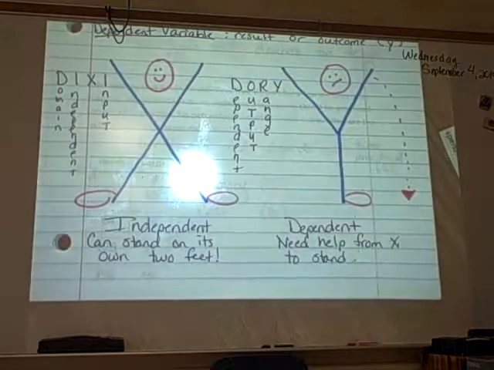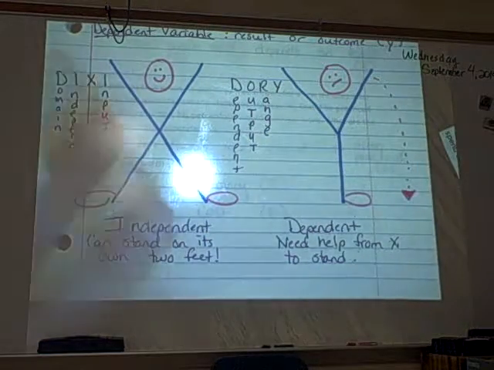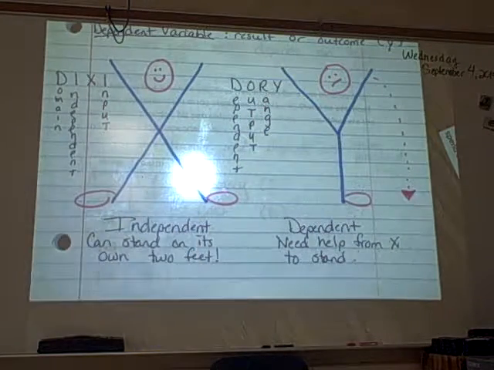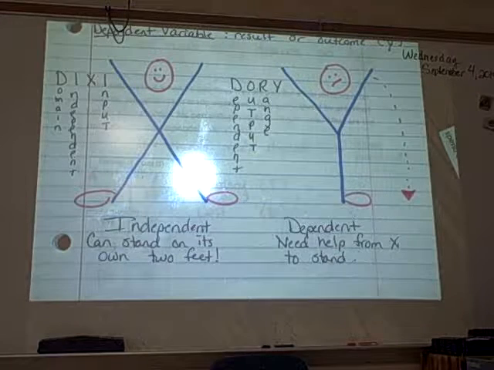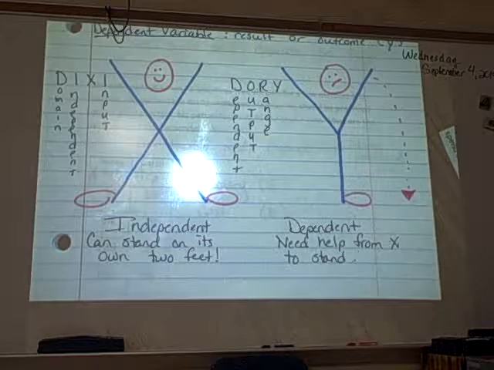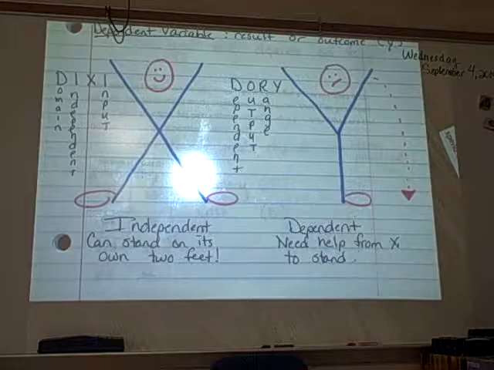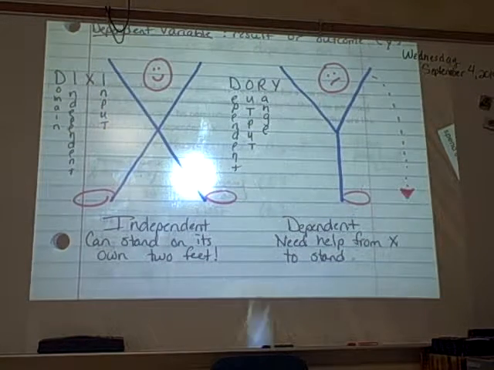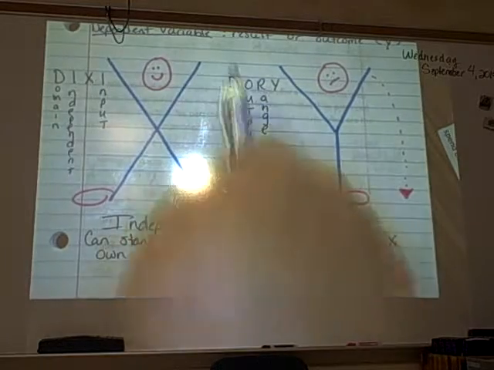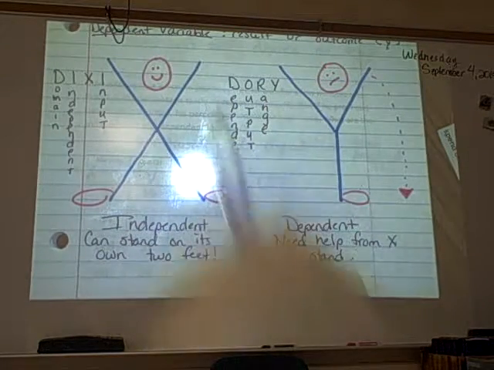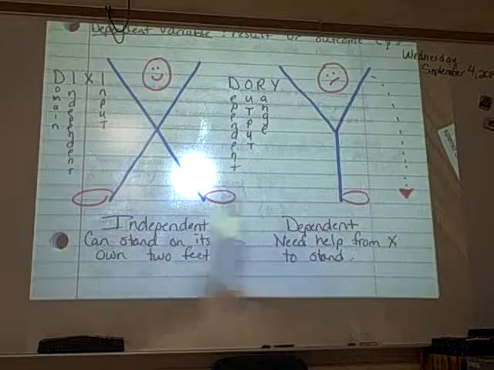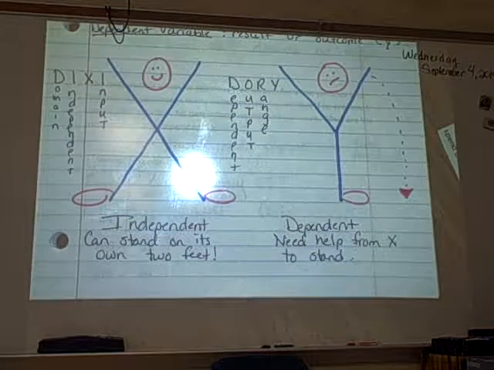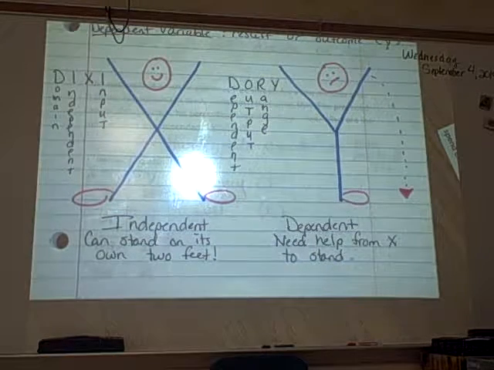And the Y. The cool thing about her name being Dory is if you've watched Finding Nemo, you know Dory always needed some help, right? I love the character. But dependent Dory kind of makes sense. Dory's pretty dependent. She needed some help. So remember, Dory goes with the Y, Dixie goes with the X.